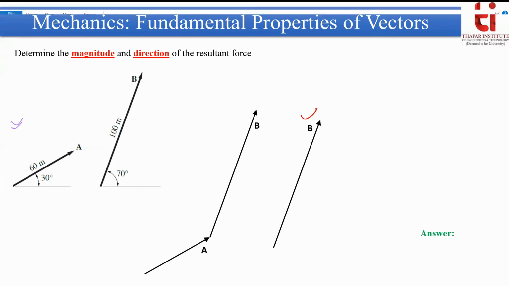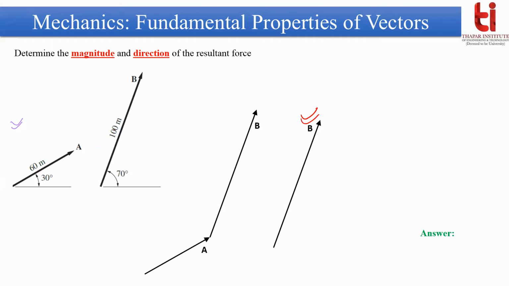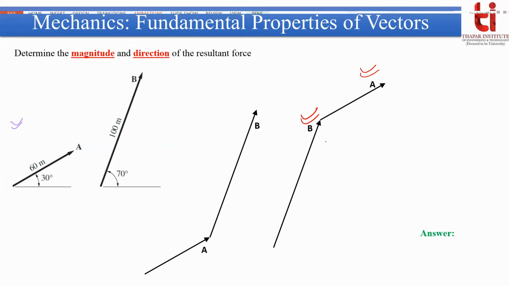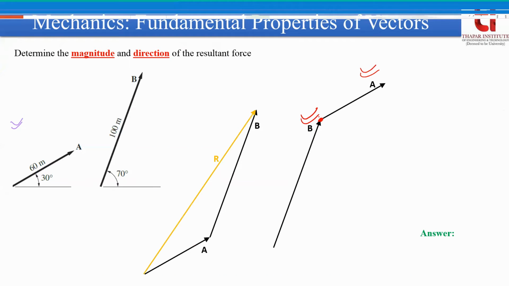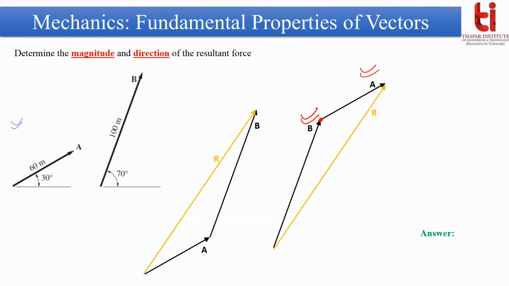So suppose this is vector B and this is vector A, and first you have drawn vector B, and from the head of B you have drawn vector A. Okay, so this arrangement is also applicable for drawing the triangle and applying the sine law and cosine law.